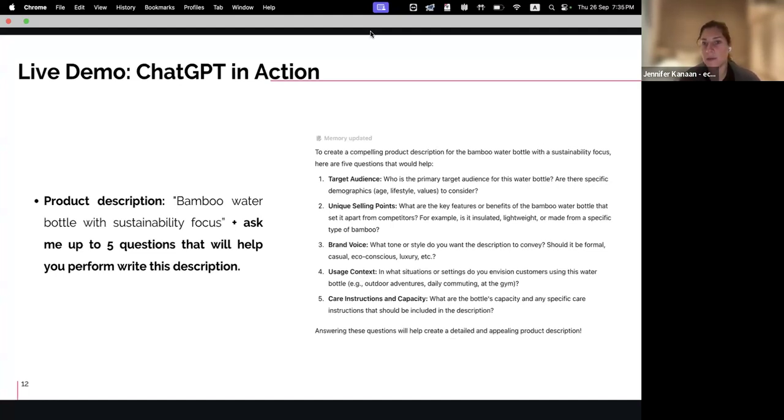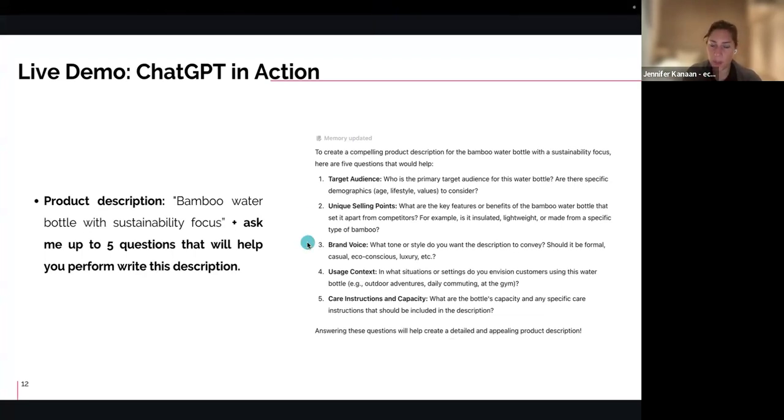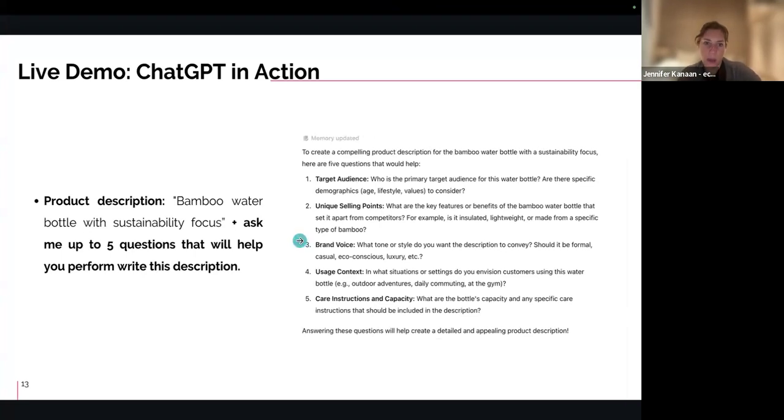All of these things, of course, make a difference and are somehow connected to the target audience as well. And care instruction and capacity. So this is exactly what ChatGPT mentioned in the two previous questions we asked.